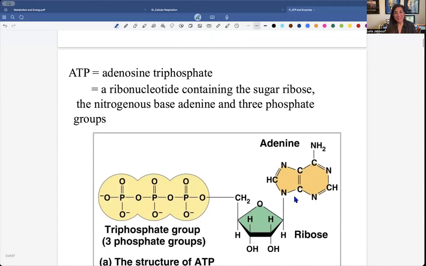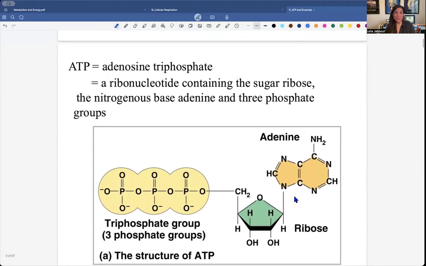So ATP is a nucleotide that is going to be very important for cellular metabolism because it's the source of energy that the cell needs to perform a number of functions. ATP stands for adenosine triphosphate.